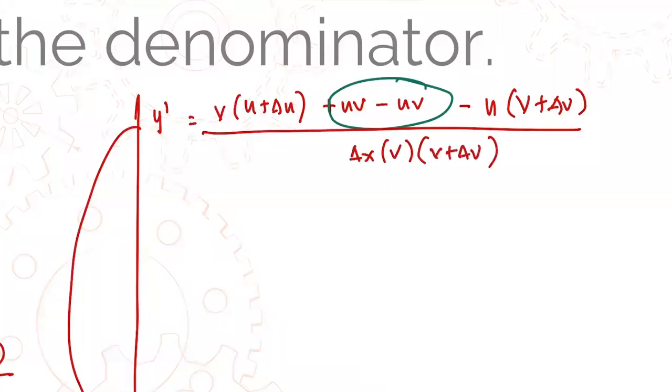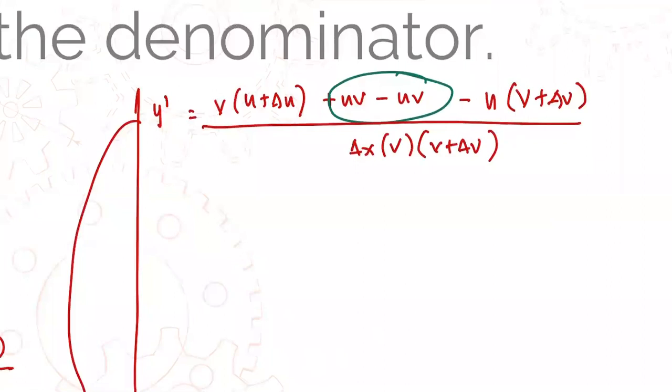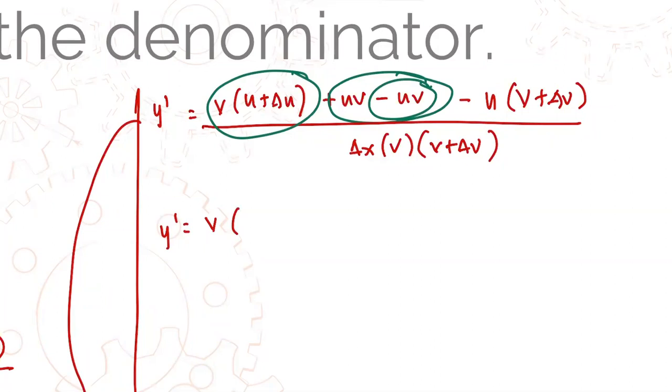Okay. And then, gawin natin, try natin mag-factor out nung same term. Okay? So let's try yung first term natin tsaka yung third term. So yung common sa kanila para silang may v. So v times u plus delta u minus u. Okay?